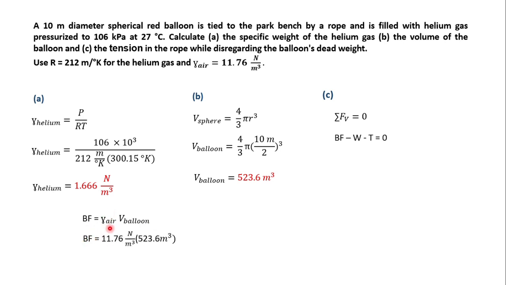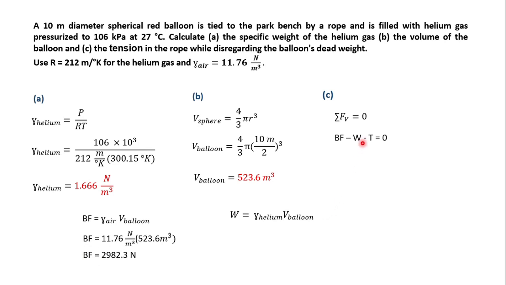So plug in the values. The specific weight of air, we have 11.76 Newton per cubic meter. And the volume of our balloon is 523.6 cubic meter. So plug this again in our calculator. Buoyant force is equal to 2,982.3 Newton.